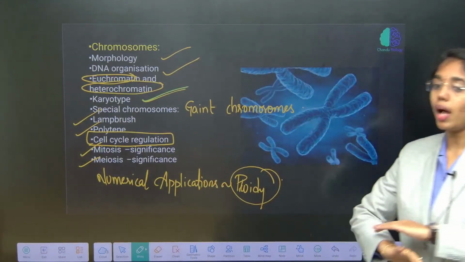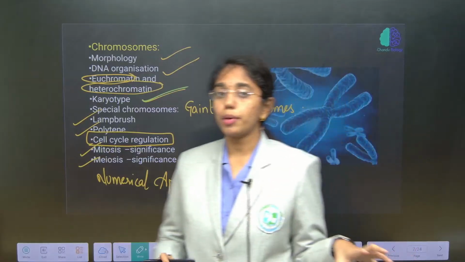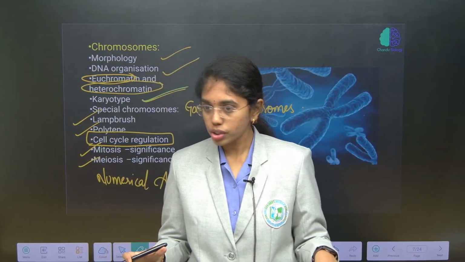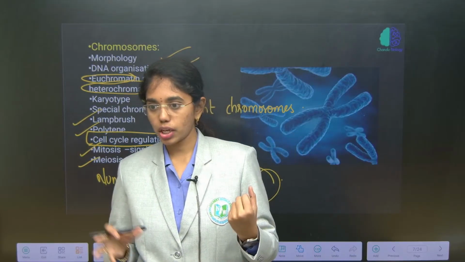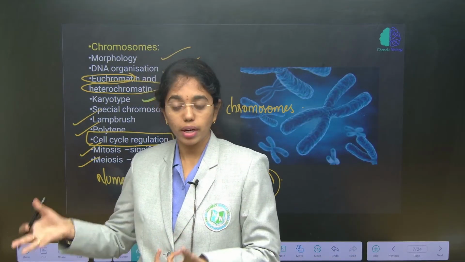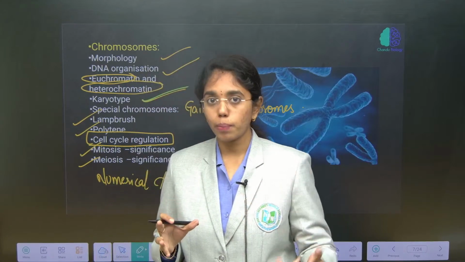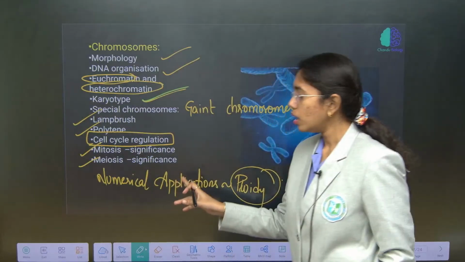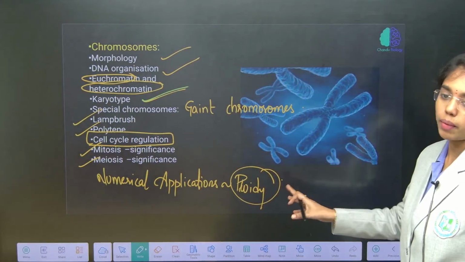Please look into all the divisions of the plant kingdom, their gametophytic and sporophytic generations. What structures are included in the gametophytic generation, and what structures are included in the sporophytic generation? Based on that you will get a clear idea on ploidy, and you can easily go through the numerical applications. Fine, right? In connection you will get so many questions.